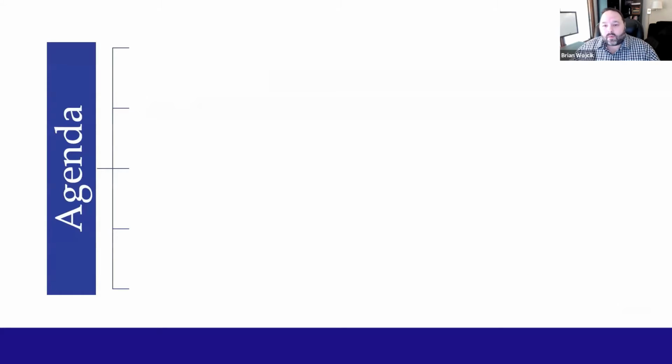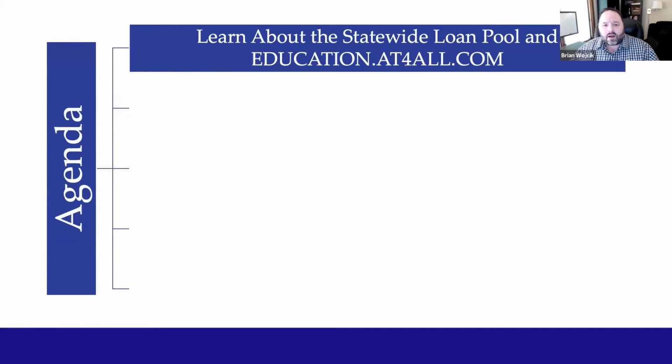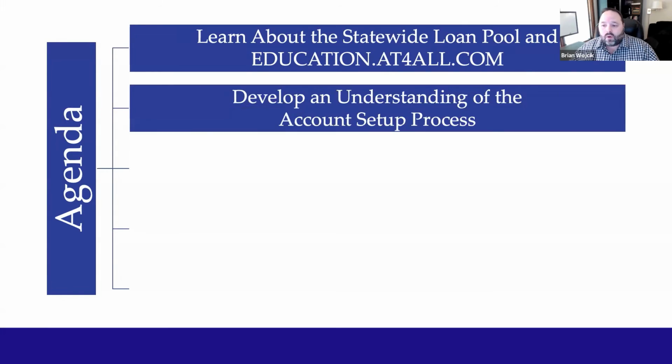In this webinar, we're going to cover a number of different areas. First, we are going to talk about education.atforall.com and the statewide loan pool and build our understanding of the purpose for which the service exists and how to use it. Next, we will go through how to create an account on education.atforall.com.